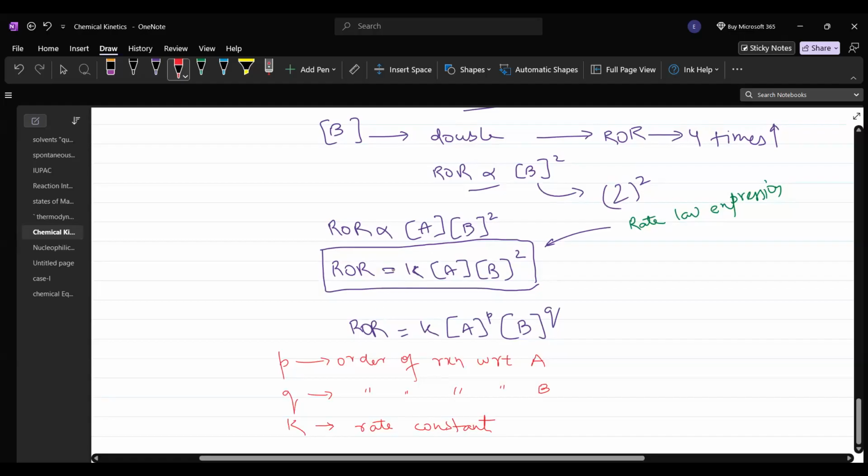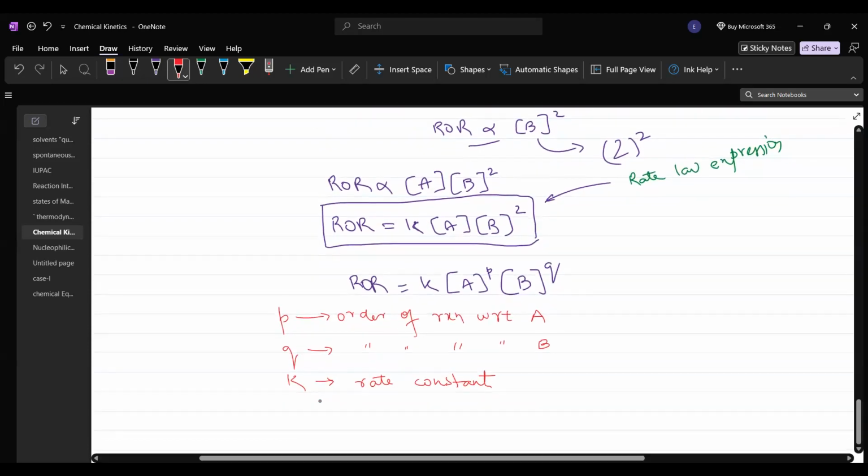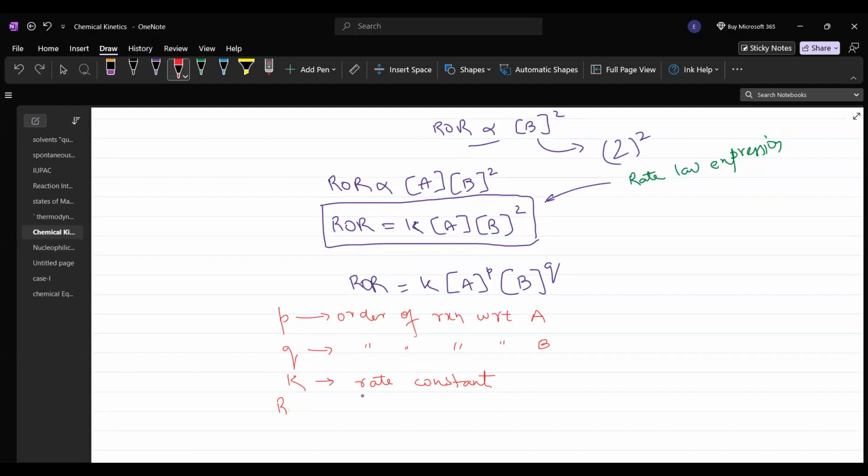See, we have replaced the proportionality sign. So when we replace the proportionality sign, one constant comes. So K is that only. And ROR is obviously rate of reaction.